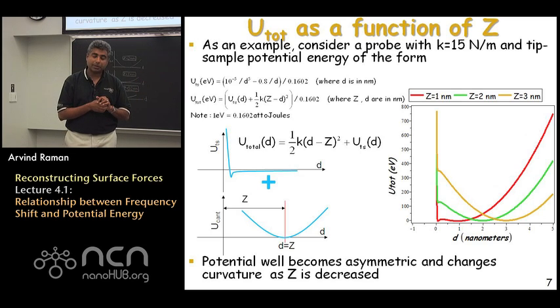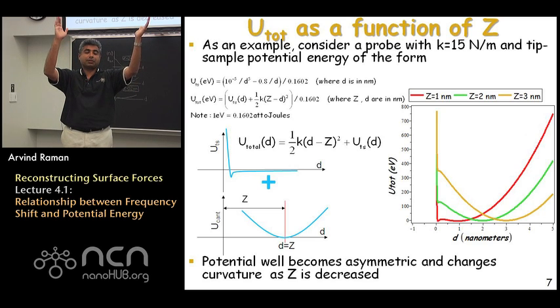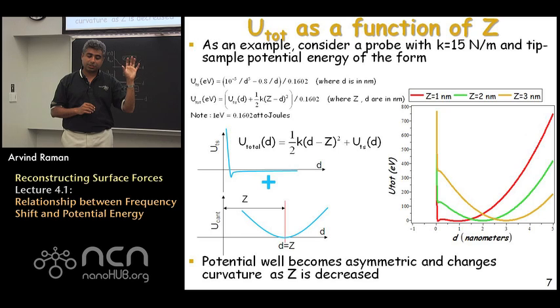What you see on the right, when you do z equal to 3, you find that z is a bit far from 0, and so the quadratic potential well of the oscillator has a chance to really increase in magnitude. And then at the very left edge, you see that the tip sample potential energy is able to gently perturb the otherwise quadratic dependence of that interaction potential well.